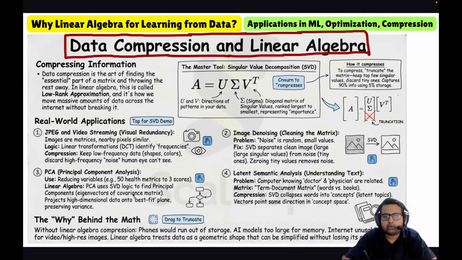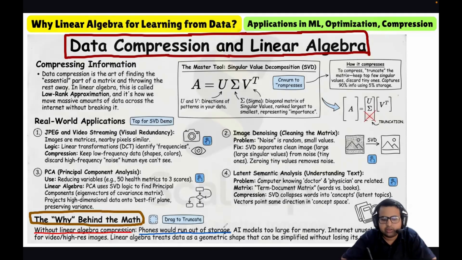Now let us look at the why behind the math. Without linear algebra compression, things would be very different. Phones would run out of storage. AI models would be too large to fit into computer memory.